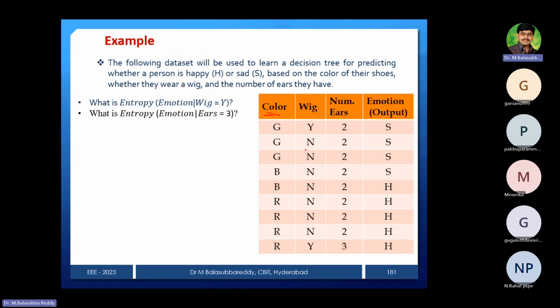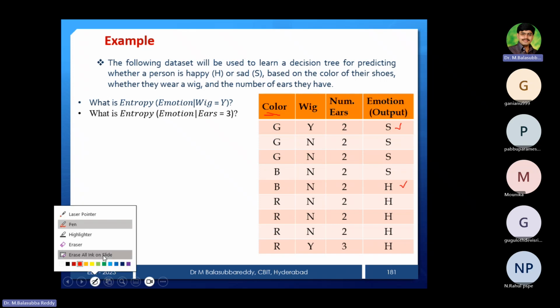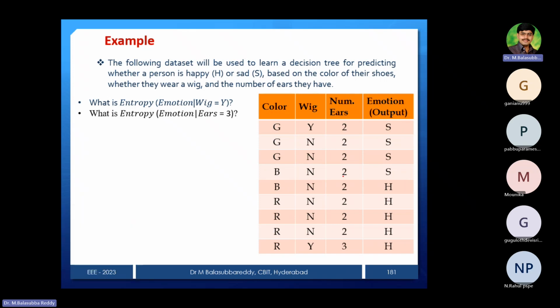Wing is yes or no. Ears are 2, and somewhere it is 3. Then what is your output? Emotion is sad or happy. These are the two emotions on the output side. It may not be only two; it may be anything based on the data.